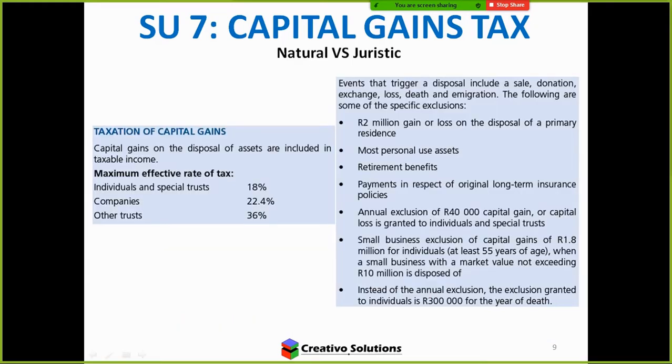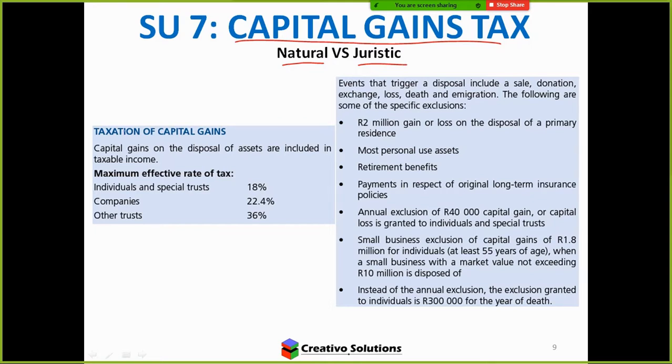So what are the actual inclusion rates or the effective rates? In other words, what do you actually end up paying? If I'm looking at CGT, capital gains tax, obviously natural persons, so you and I, and juristic persons, companies, CCs, public, private.